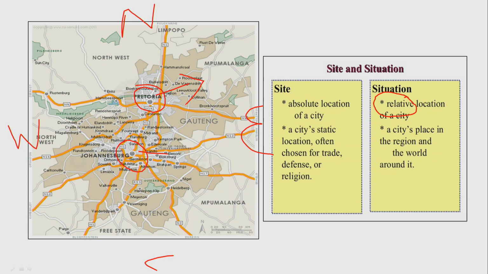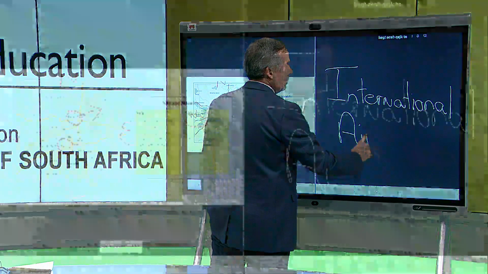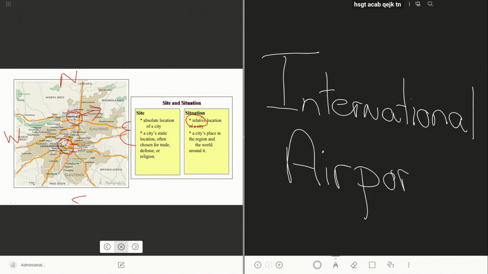Does Pretoria have a lesser situation? I would say yes, but what is the other way which makes Johannesburg's situation so good is that it has an international airport. OR Tambo Airport connects Johannesburg to how many places across the world?